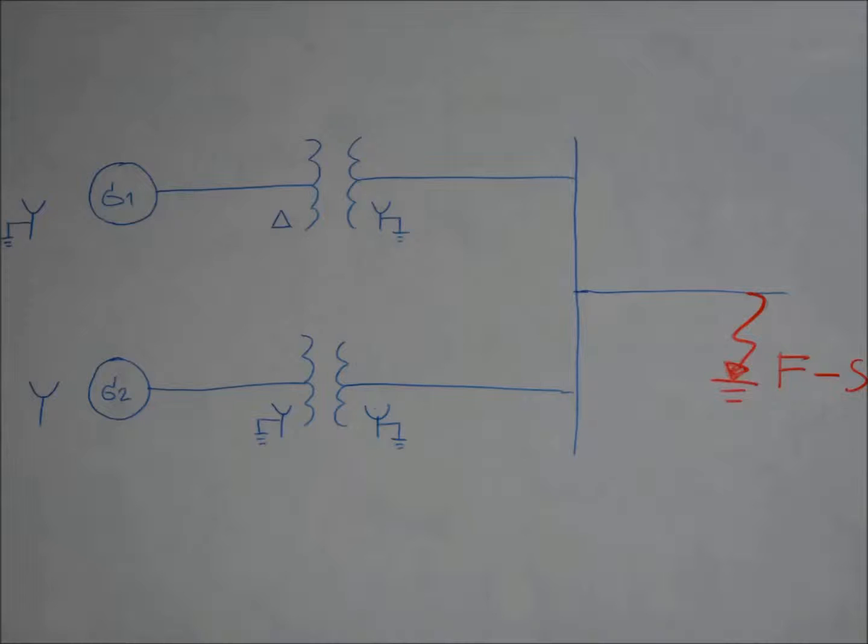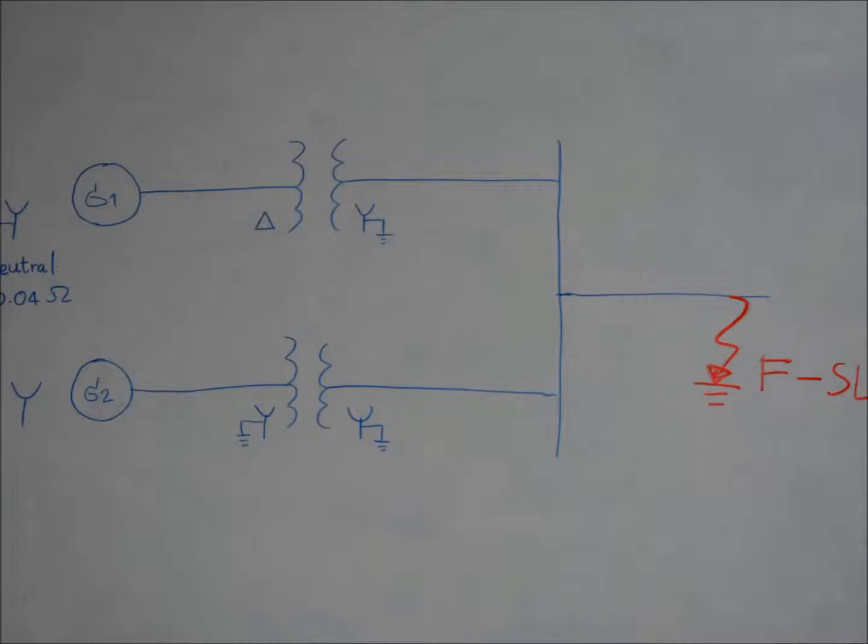Apparatus ratings and reactances are: generator 1 is 1000 MVA, 20 kV, subtransient reactance positive sequence equals negative sequence equals 10% and zero sequence is 5%.